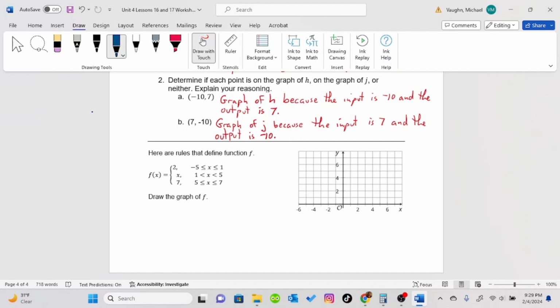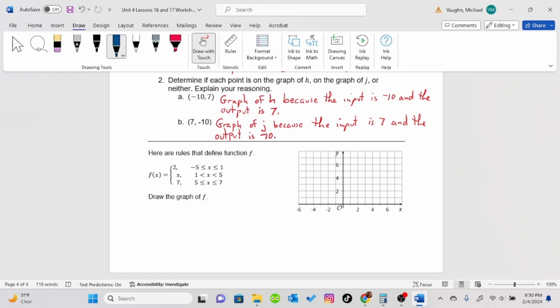It equals x when x is between 1 not included and 5 not included. And it equals 7 when x is between 5 included and 7 also included. They want us to draw the graph of f.